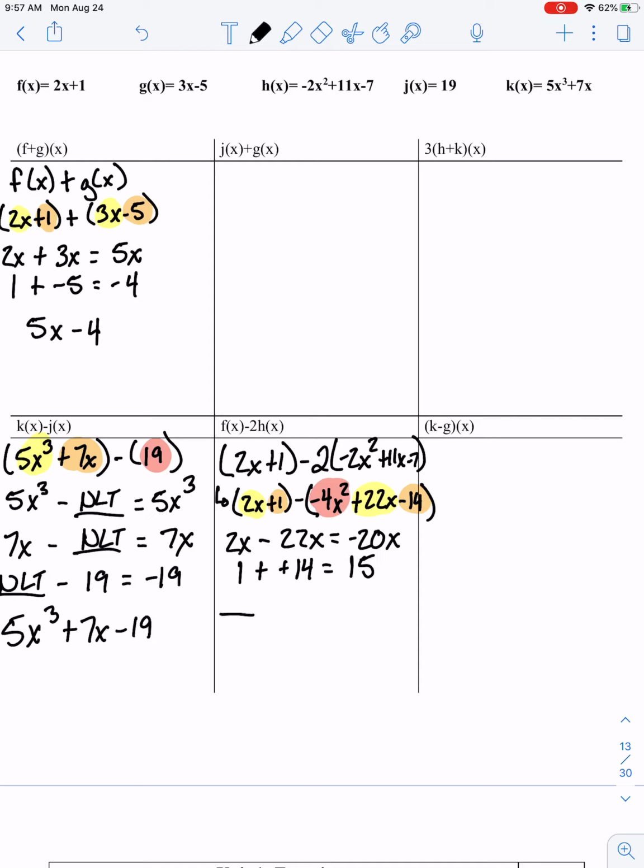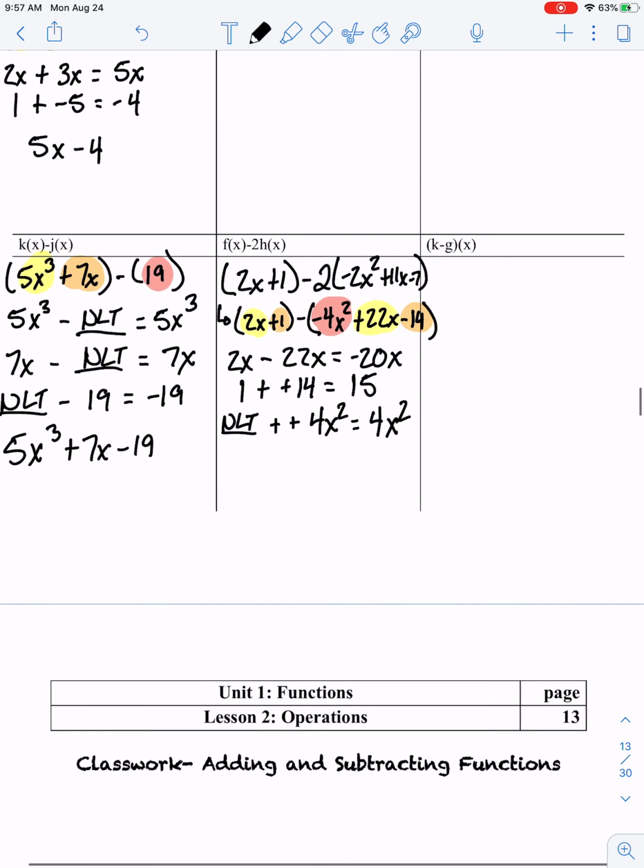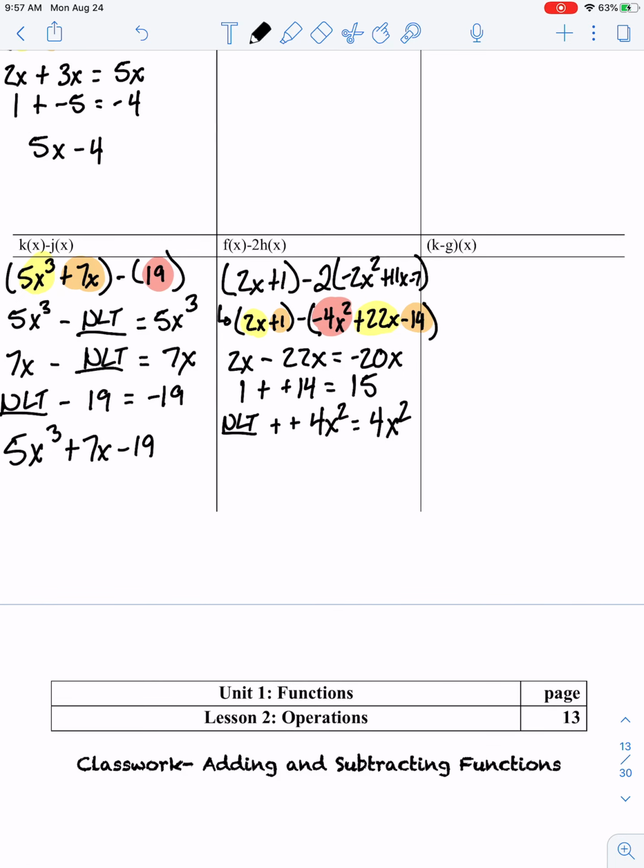And then no like term on the left, minus negative 4x squared. And remember, when you subtract, change subtraction to addition, change your sign, so that becomes 4x squared. Again, you take these results, you write them from highest exponent to lowest exponent. So 4x squared minus 20x plus 15.